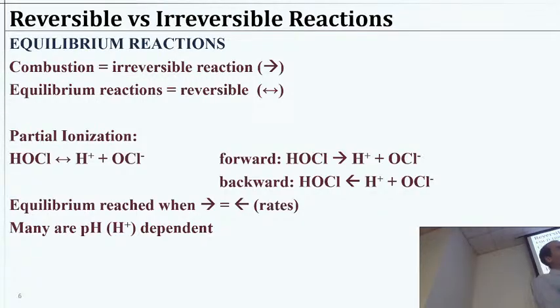Many chemical reactions that we look at, like the combustion reaction, we would describe as one way or irreversible, because once you burn this butane, it's simply thermodynamically impossible to come back and form butane from CO2 directly. It's just not something that's going to happen.